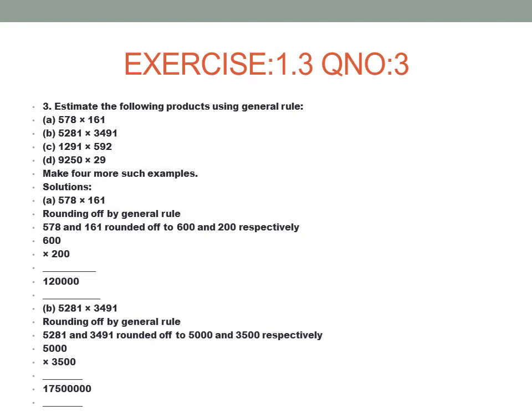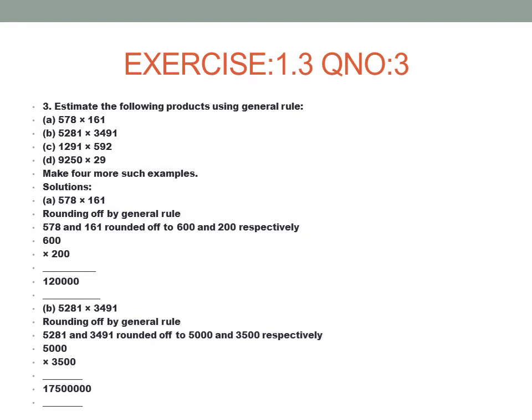So the second number, 3,491, we are rounding off to 3,500 only. We are not rounding off to 4,000 and not to 3,000 either. Actually, if we round off to the thousands place value, it has to be 3,000.